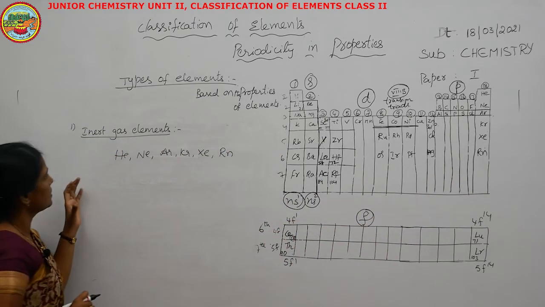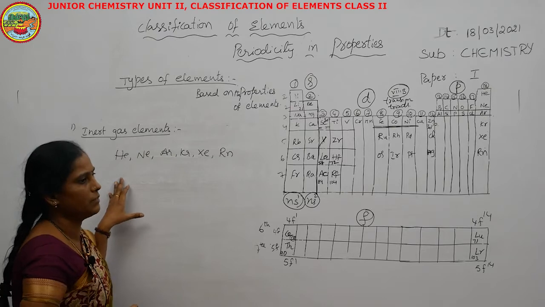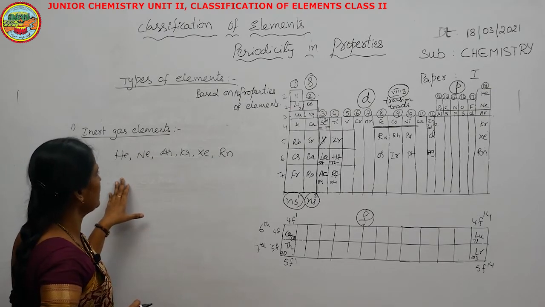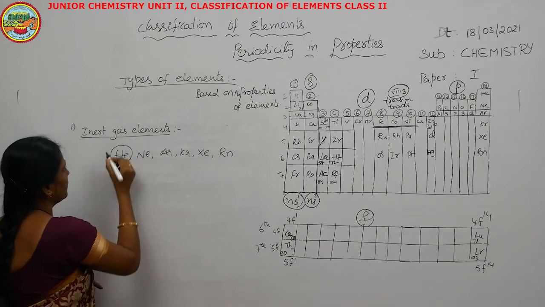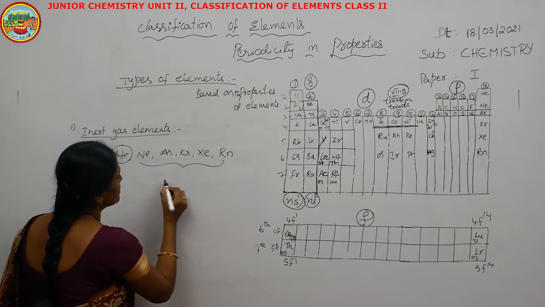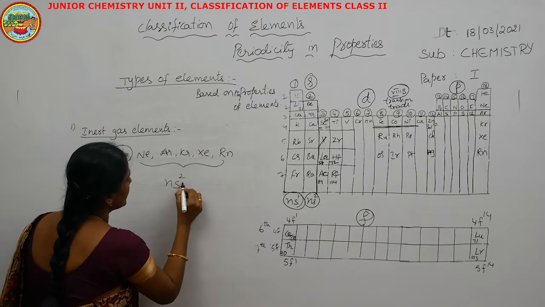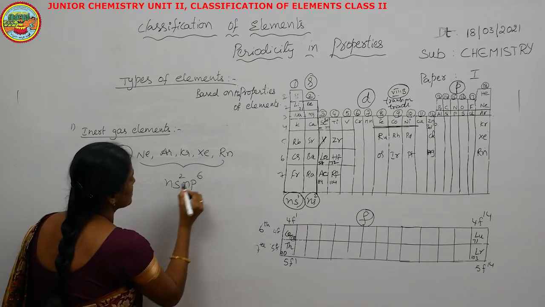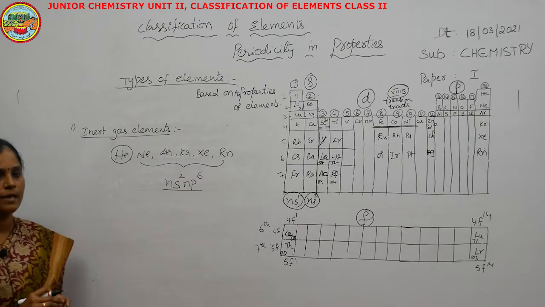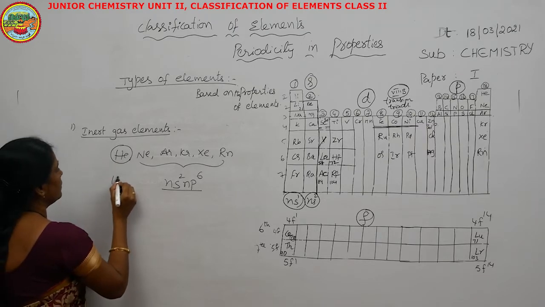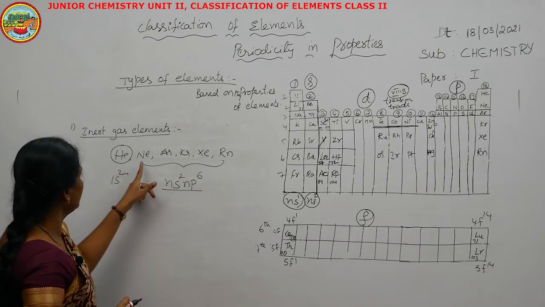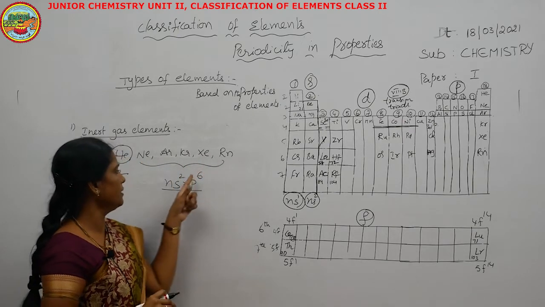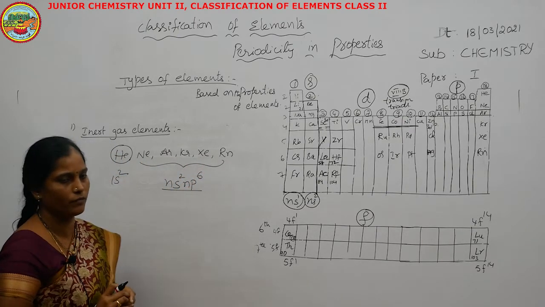And these are special elements because, if you consider the electronic configuration, except helium, all the remaining elements possess the general configuration ns2np6. Helium contains 1s2 configuration, and neon, argon, krypton, xenon, radon possess ns2np6 configuration.